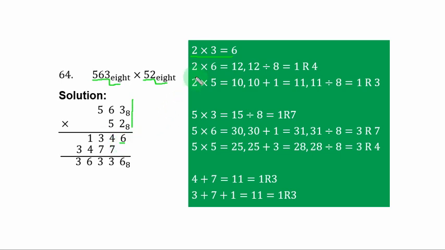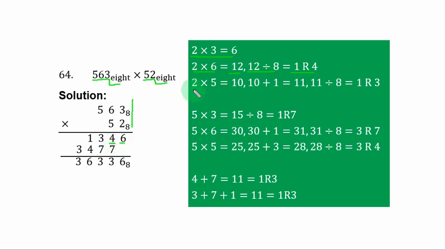You have again 2 times 6, that is 12. 12 is not a digit in base 8. You divide 12 by 8 and you have 1 remainder 4. You put down 4 and you take 1 forward.